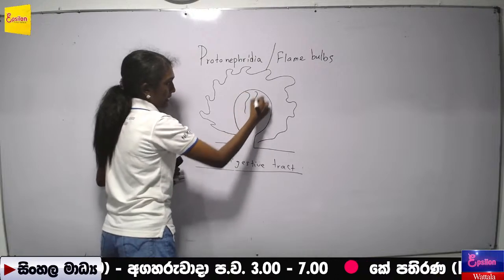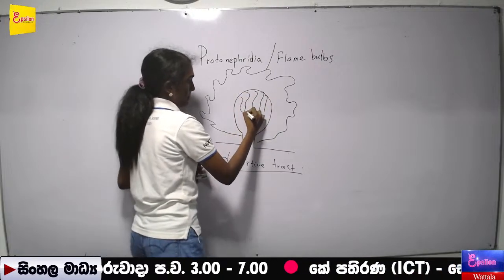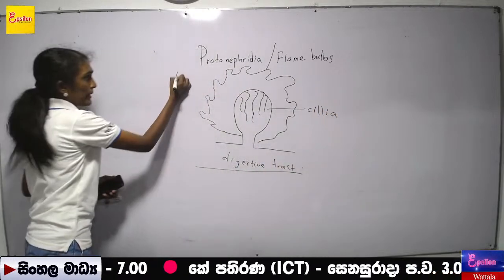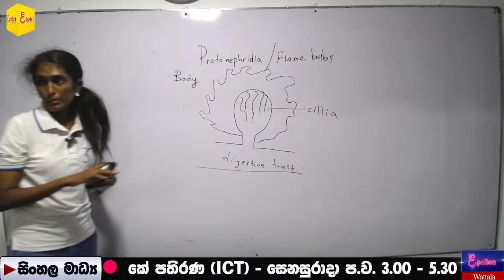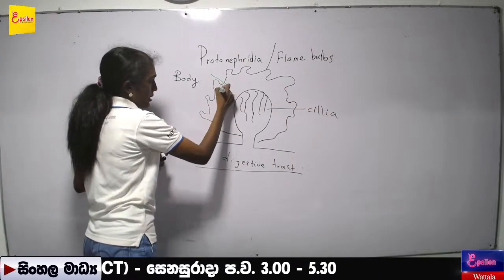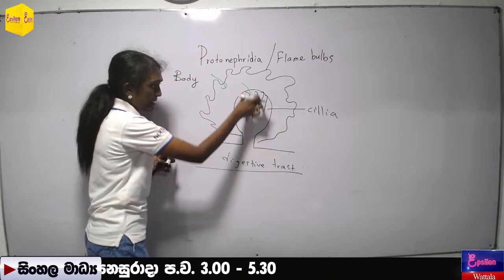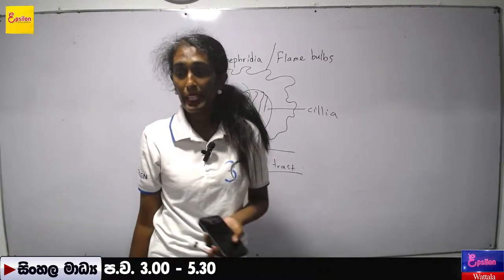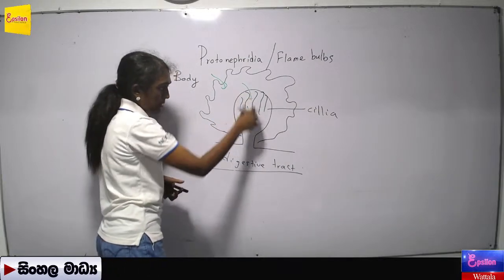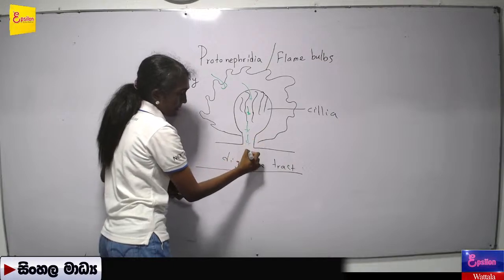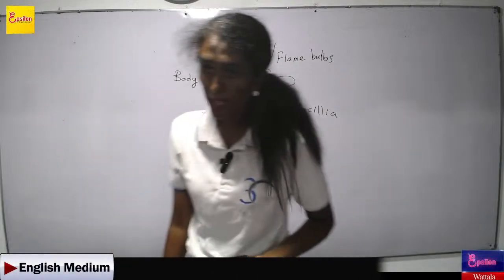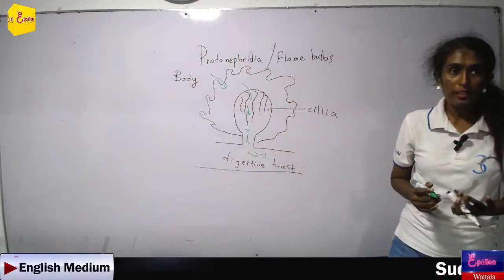Here it's cilia. This is the body of the animal. The excretory products are extracted to these flame bulbs. These cilia look like a flame. That's why the name flame bulb has come. So the movement of the cilia will be sending these excretory products towards the digestive tract, so this will be going out from the body.